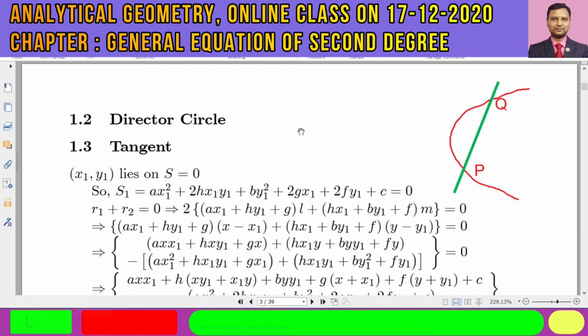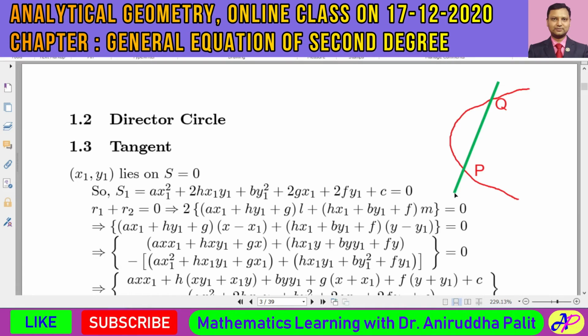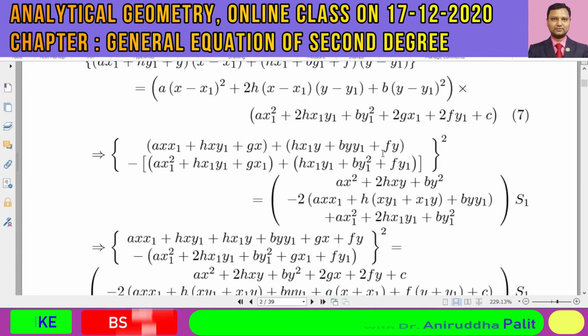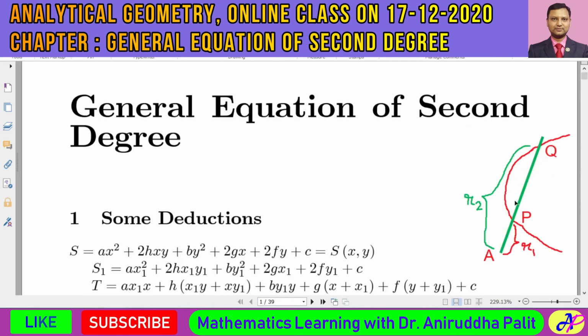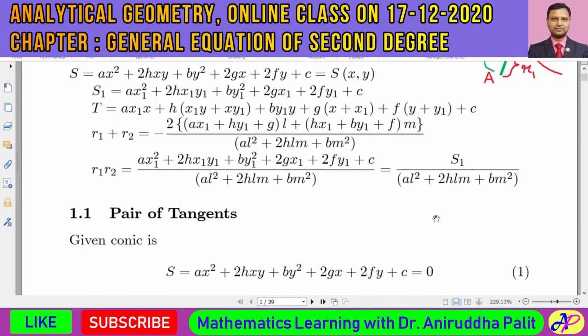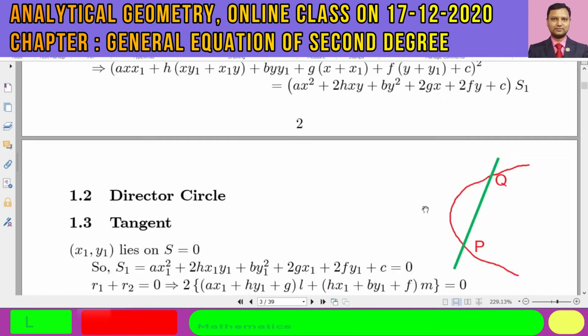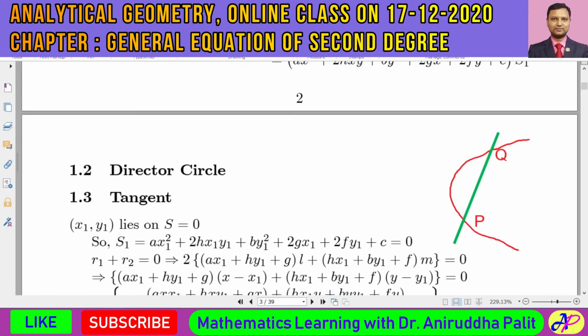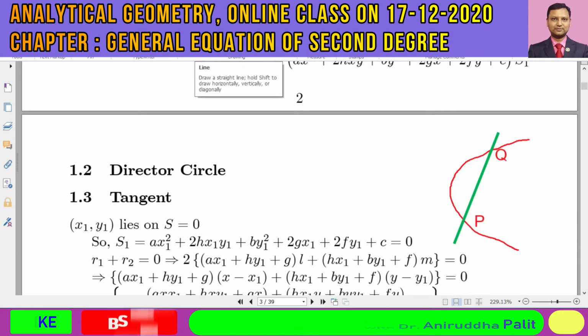Now suppose this kind of point, this point previously the point capital A was taken in this kind of position, but now I am taking this position of the point capital A in a different position. Suppose capital A is this one.